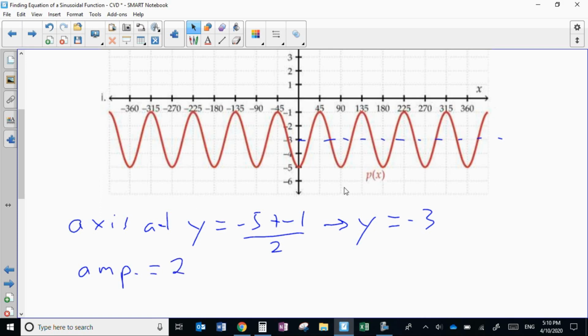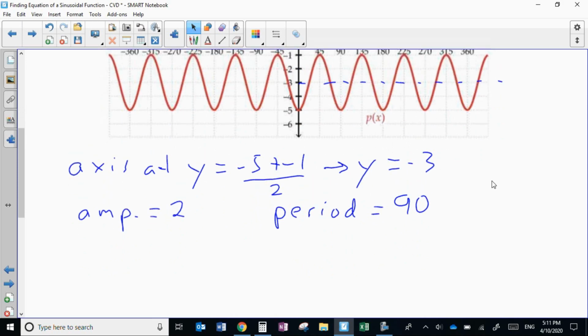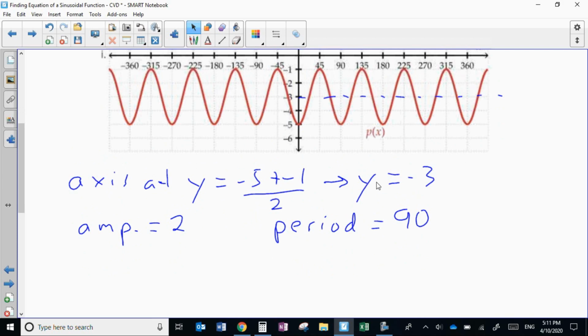All right, we also need to look at the period. Notice this graph starts at its minimum and goes up, comes back down, and then once it gets to 90, it starts to repeat that pattern. So the period, the length of a cycle here, is 90. Okay, now coming up with the equation. Let's also think about whether we have sine or cosine here.